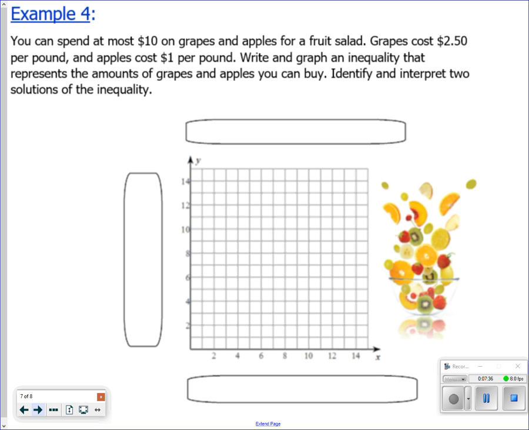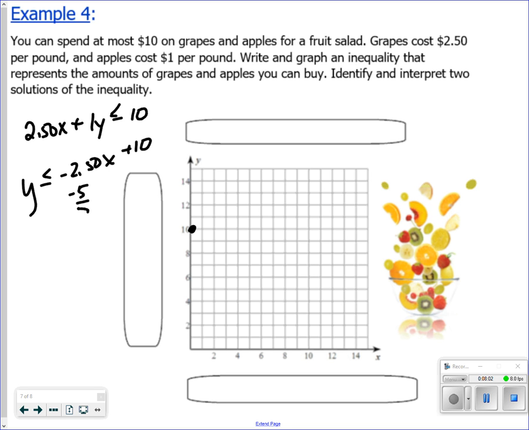Word problems now. You can spend at most $10 on grapes and apples for a fruit salad. Grapes cost $2.50 x. Apples cost $1 y, and you get $10, and you need less than or equal to $10. So solving this for y, it's got a y-intercept at 10 and a slope of, now I'm going to turn this into a fraction instead of a decimal, so that's -5/2.